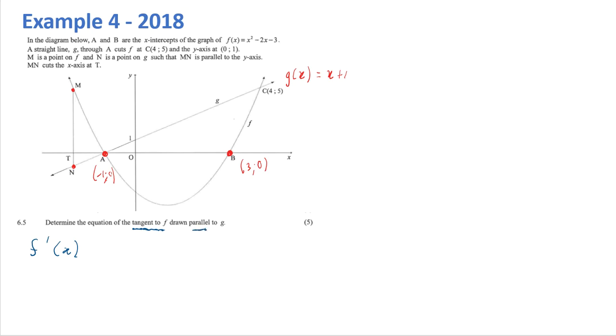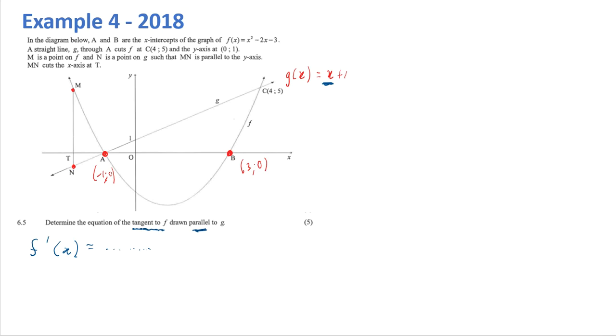Parallel, you need to realize that the solution to this equation is going to have the same slope as function g. And the third thing is that this tangent is always a straight line. Okay? Those are the three important things.